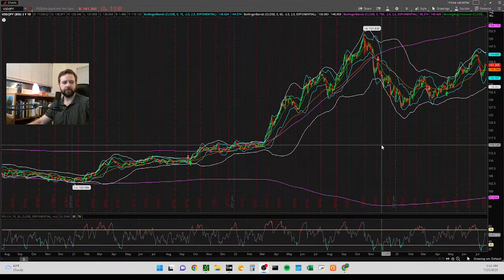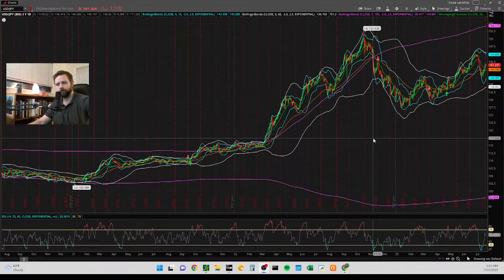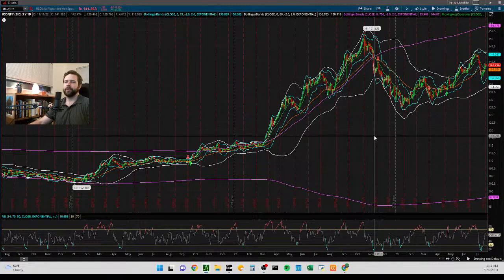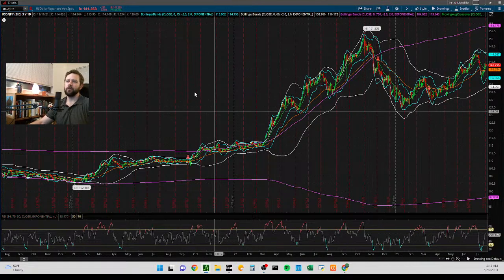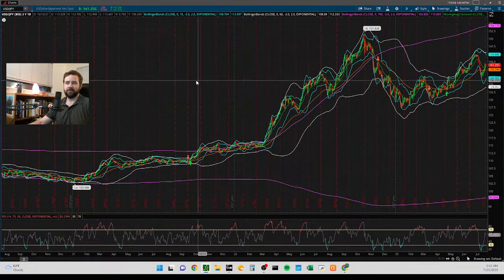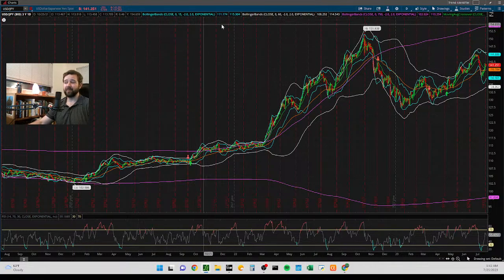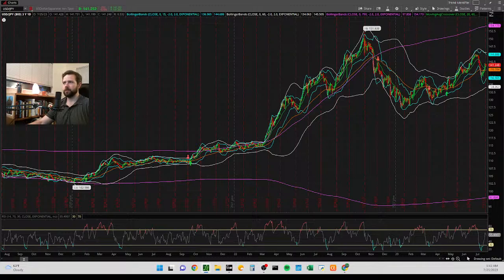That way you can see everything. But yeah, so dollar yen is bullish, but the dollar itself is not. So I'm gonna take a look around here.